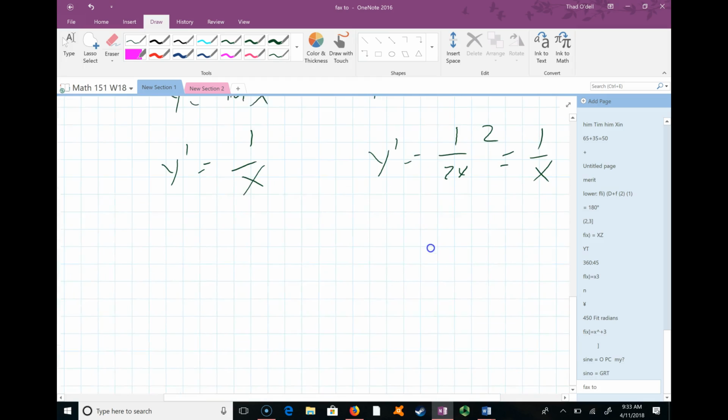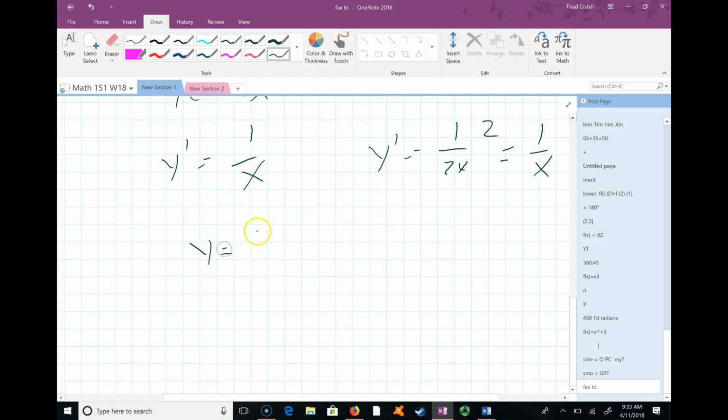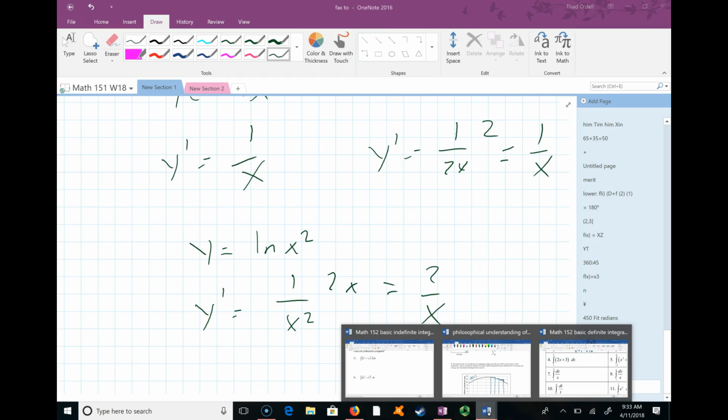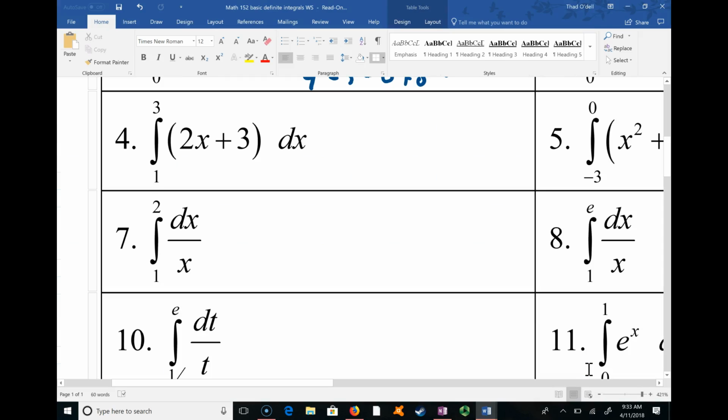Or y equals ln x squared, y prime is 1 over x squared times 2x, so that's just 2 over x. You've been doing something like that, because you've been practicing your derivatives? Of course, Mr. Dale, because I want to be successful in this class. So, what's this? This is just going to be natural log of x evaluated between 1 and 2.